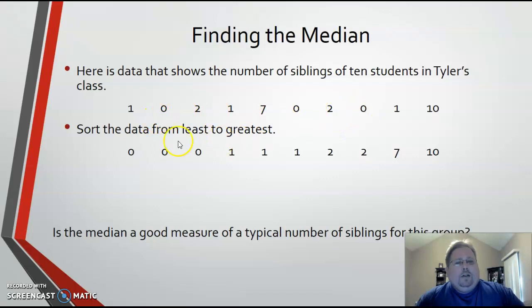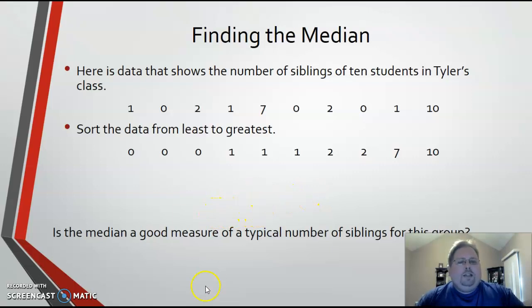You start with your smallest number, and our smallest number here is 0, and we have 3 zeros, so you have to list all 3 zeros. You can't just put one, you have to list them all. The same for 1s. You have to list all 3 1s. And you have to list both 2s. And then you have your 7 and your 10.